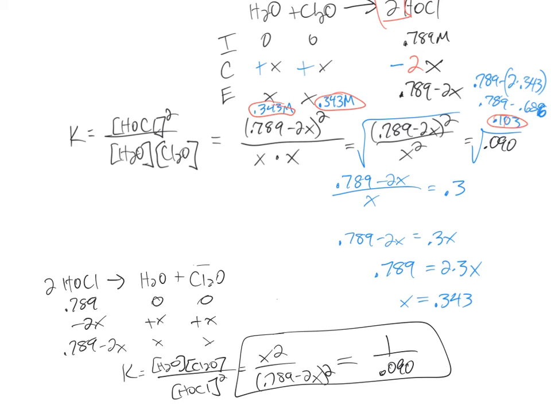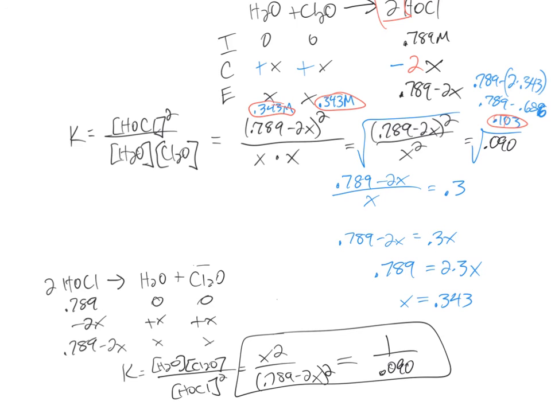So 1 over 0.09 is equal to x squared over quantity 0.789 minus 2x, close parentheses, squared. And your calculator would not give you an error message because it's 0.789 minus 2 times a small number that's close to 0. That means you don't have zeros in the denominator.